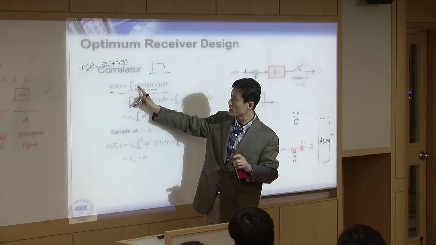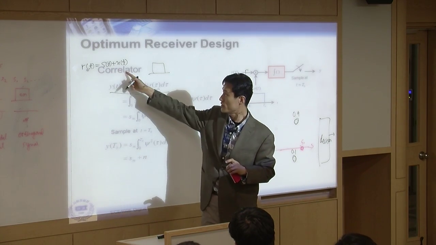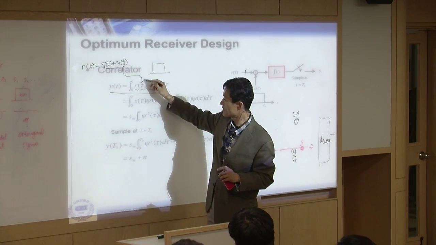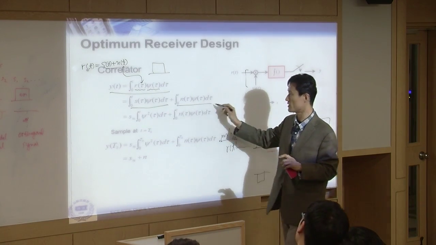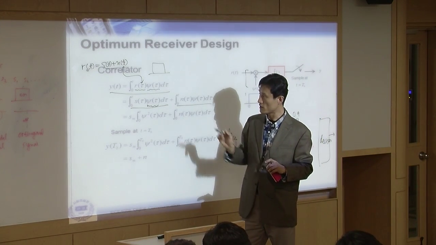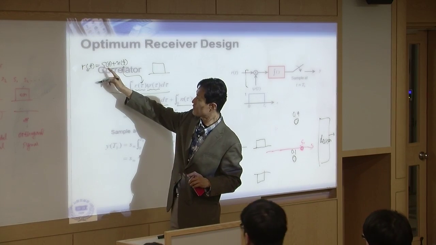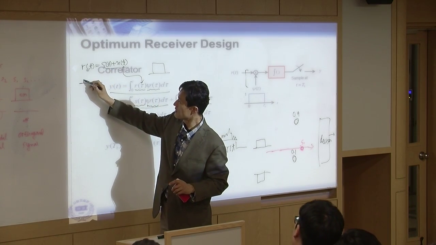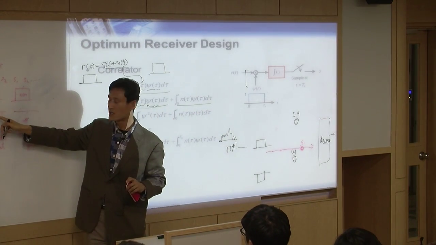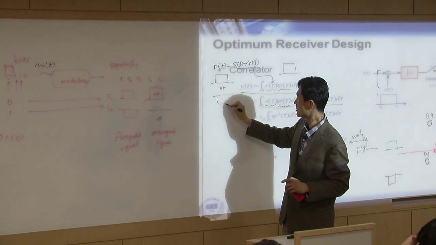We know that r(t) is actually s(t) plus n(t). So put this s plus n(t) here, and we can make two different integrations. For the original s(t), we know it is going to be only this one or this one.